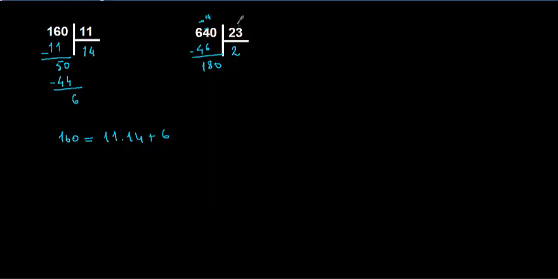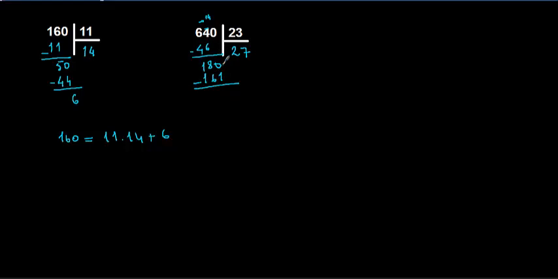Let's try 7 times 3, it's equal to 21, and in hand we have 1. 7 times 2 is equal to 14, and in hand we have 1. That's going to be equal to 161.